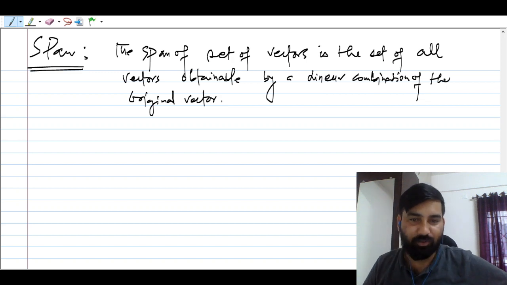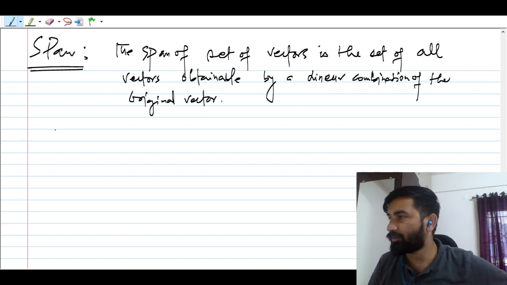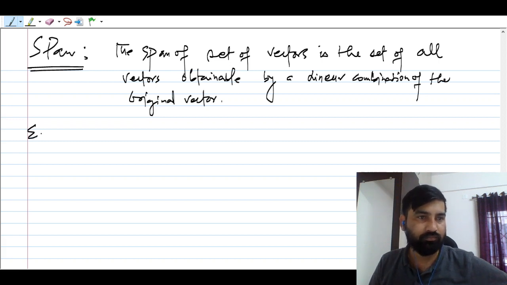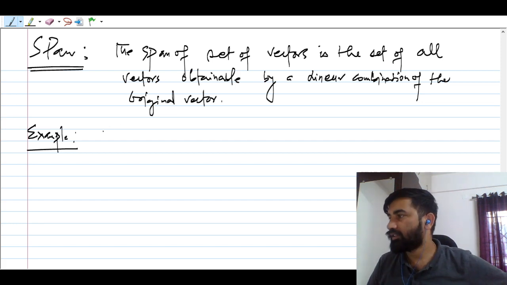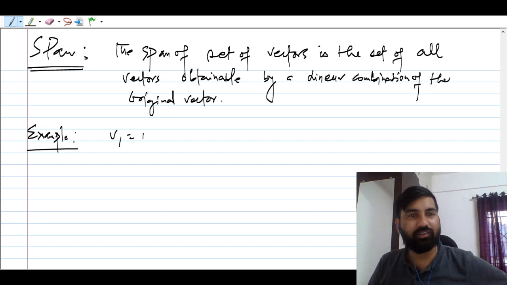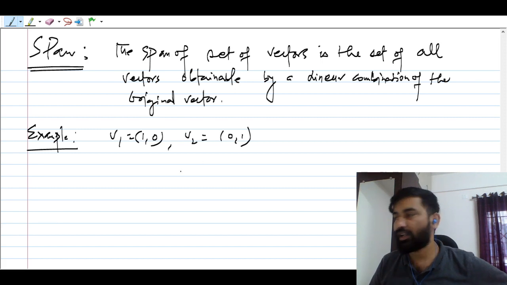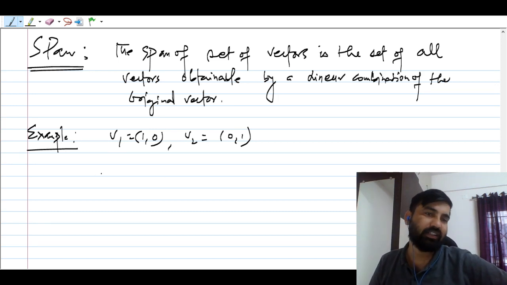Let's take an example. Suppose you have two vectors, v1 is given as (1, 0) and v2 is given as (0, 1), right? So if I want to find the span of this, first of all write the linear combination of them.